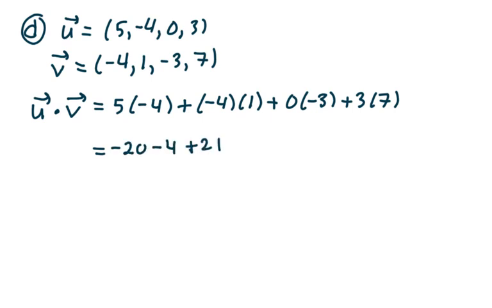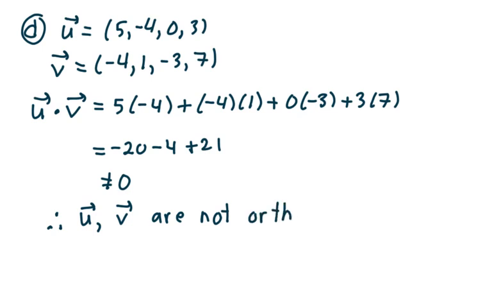That doesn't equal 0. And so u and v are not orthogonal vectors. And that's how you do problem 1.